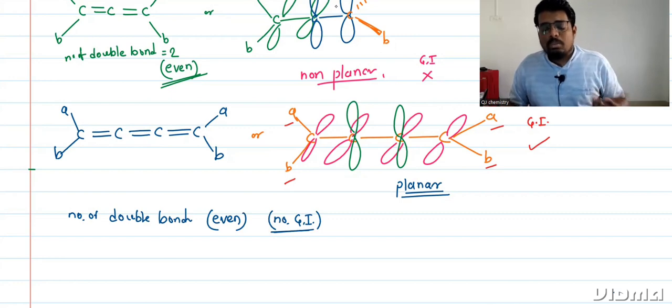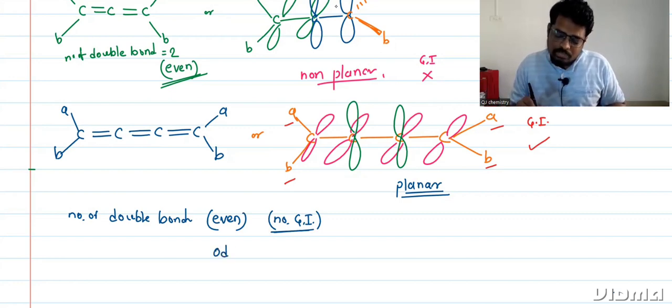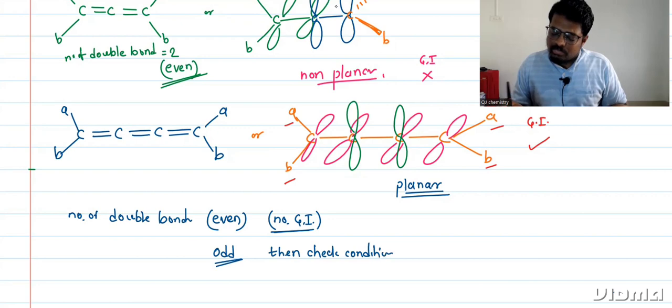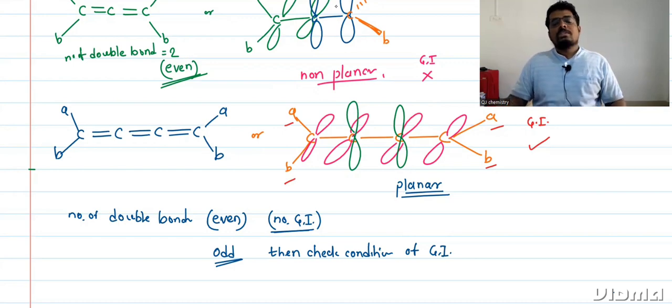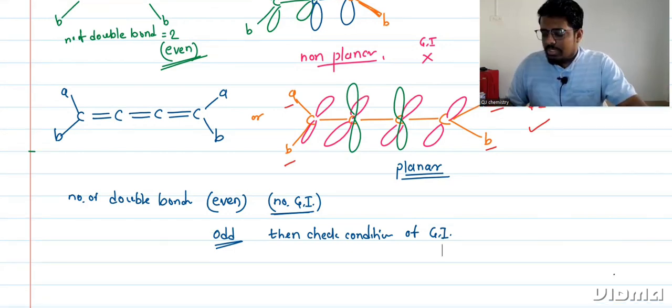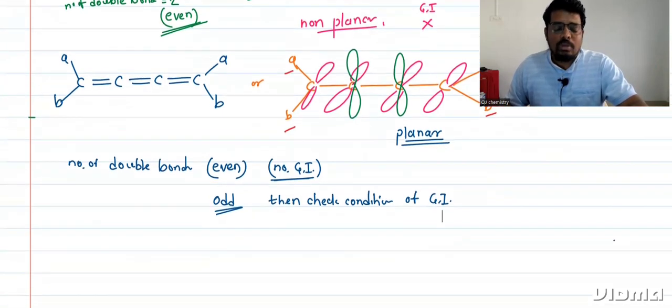And if the number of double bonds is odd, then check the conditions of geometrical isomers. If the compound is satisfying all the conditions of geometrical isomers, it means that the compound shows geometrical isomers.